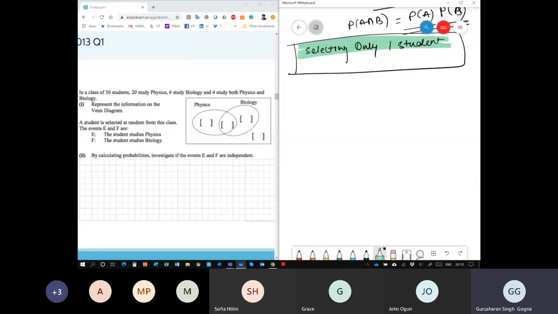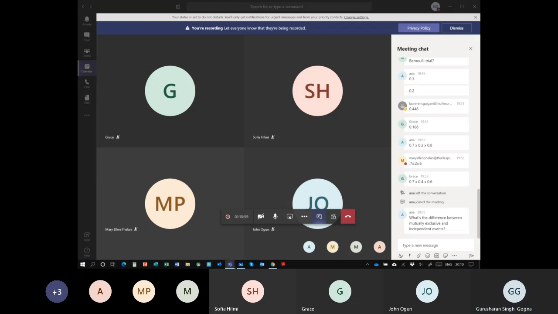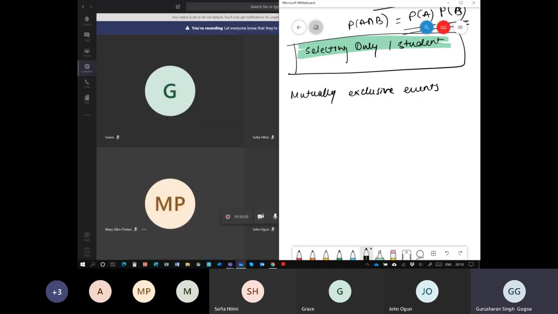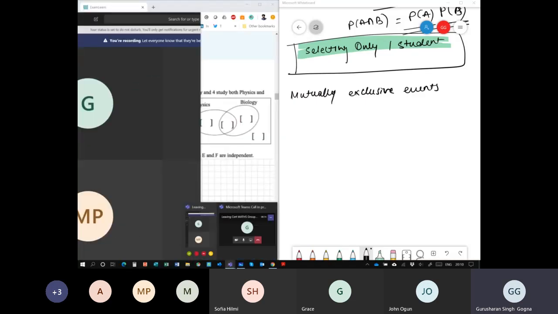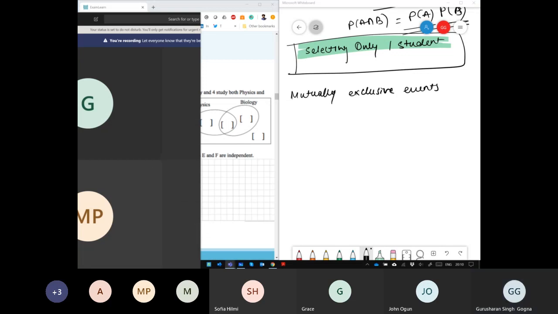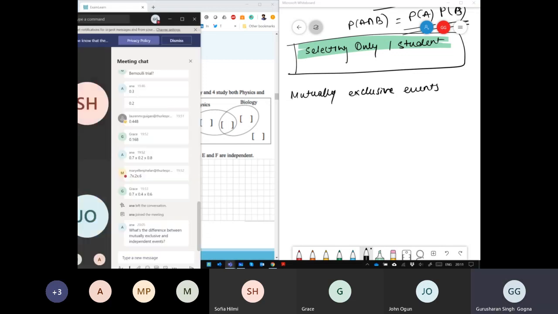Now, the second part is called mutually exclusive events. So can anybody here answer that? What is a mutually exclusive event?